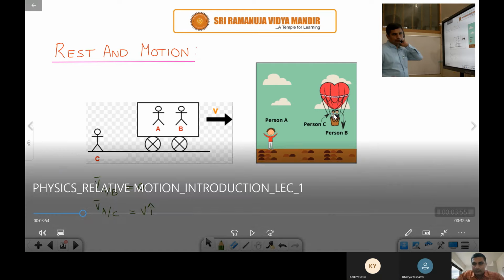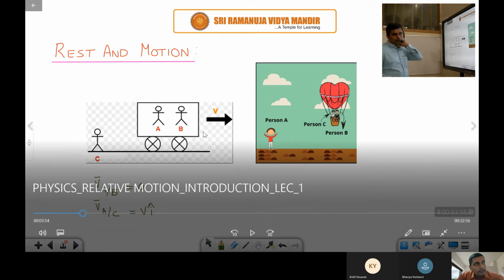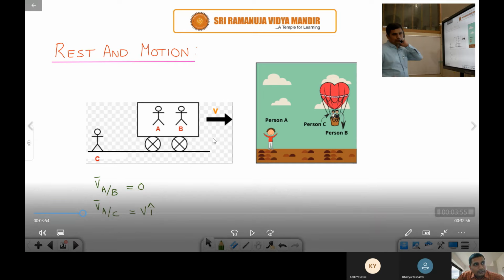It's a common experience. Suppose you and your friend are going in a car or in an air balloon. Take the car as the first example. Even though the car is moving, suppose the distance between you and your friend is 50 centimeters.